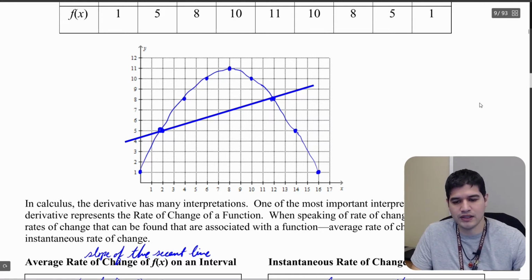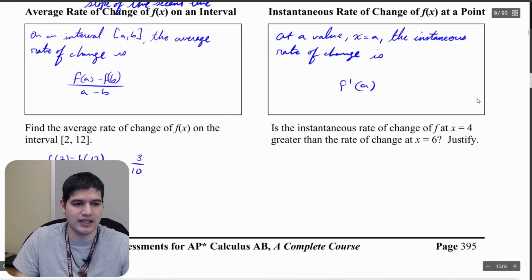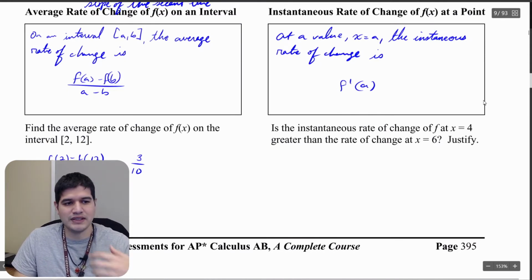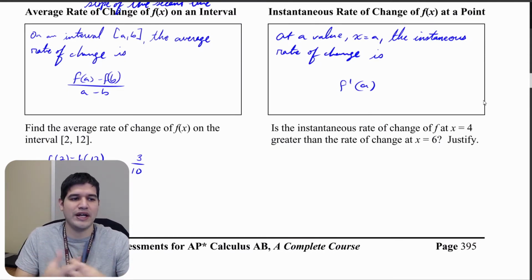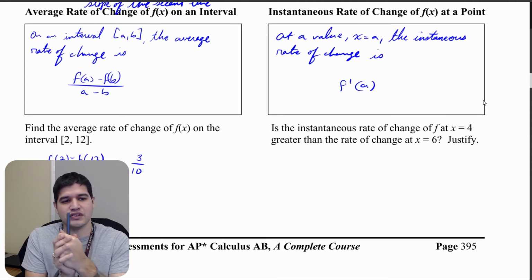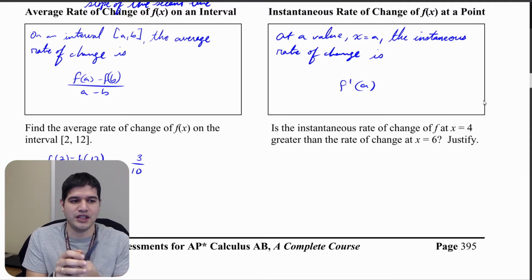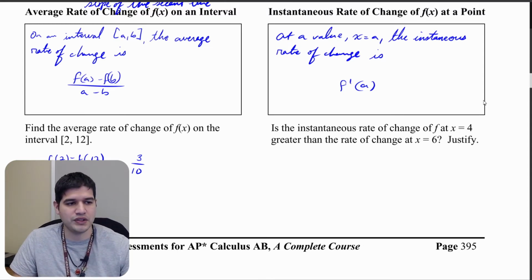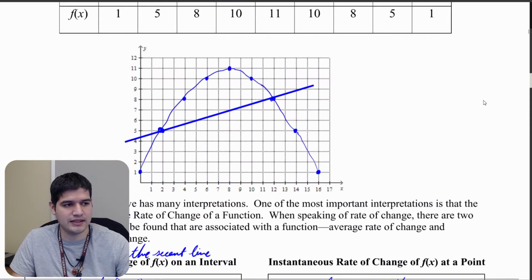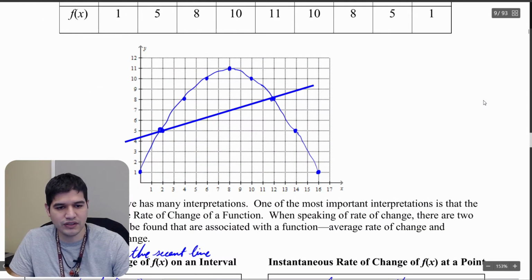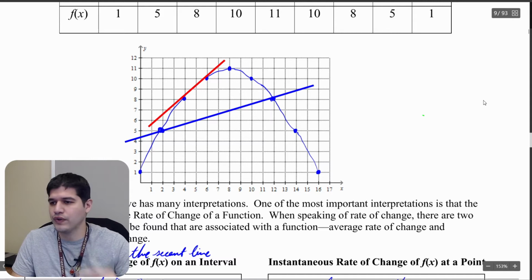Now we want to find the instantaneous rate of change. Which one is greater, the instantaneous rate of change at x equals 4 or at x equals 6? Let's draw the tangent lines. Here's 4, and the tangent line would look something like that. Let's make another one green at 6. It would look something like that.